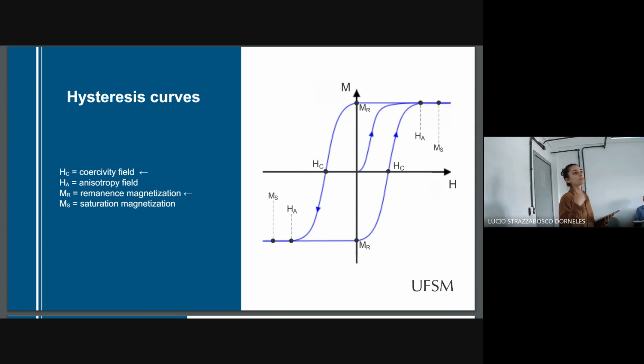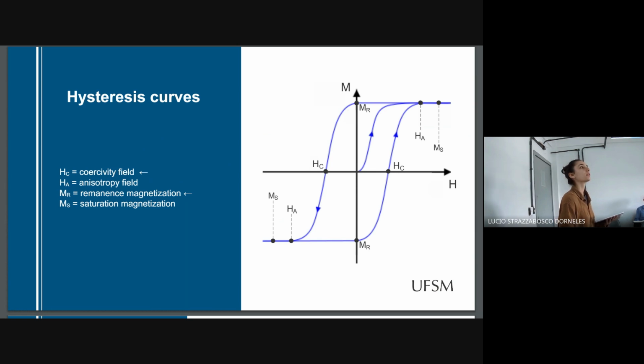I forgot to say this. So hysteresis curves are usually a graphic where we have the magnetization versus the applied magnetic field, represented by the H.